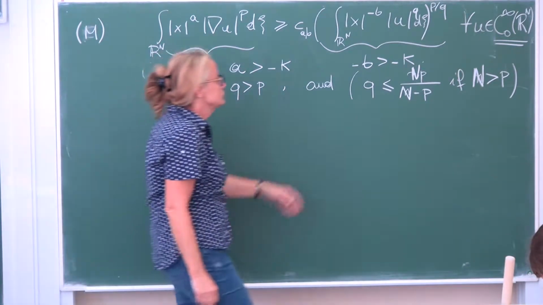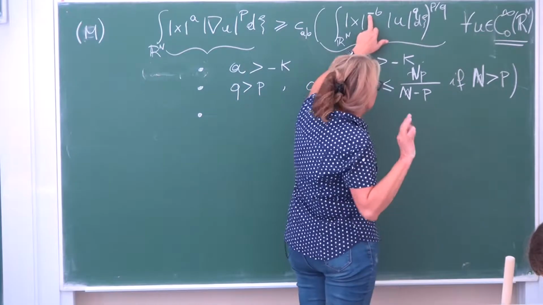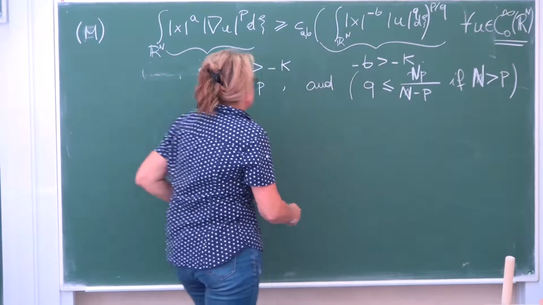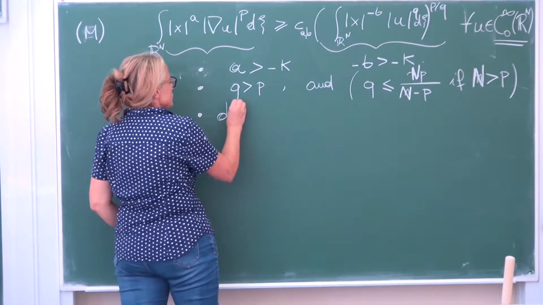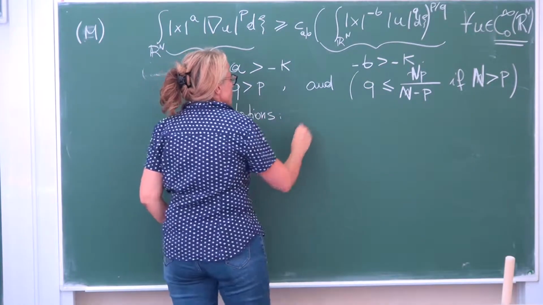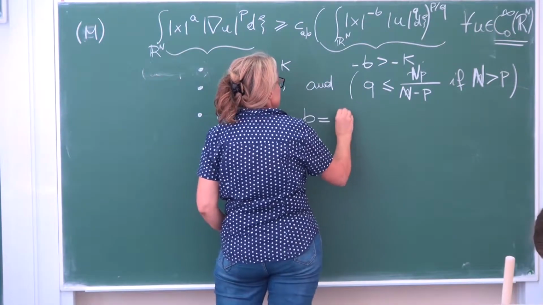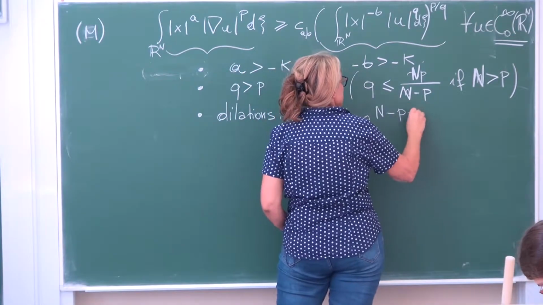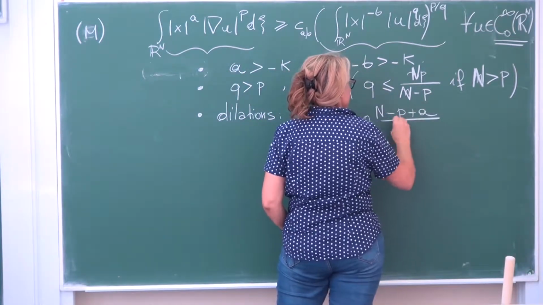When q was equal to p, this minus p, pay attention, has to be a minus p. And in this case, because of the role of dilations, b must be (n minus p plus a) over p.